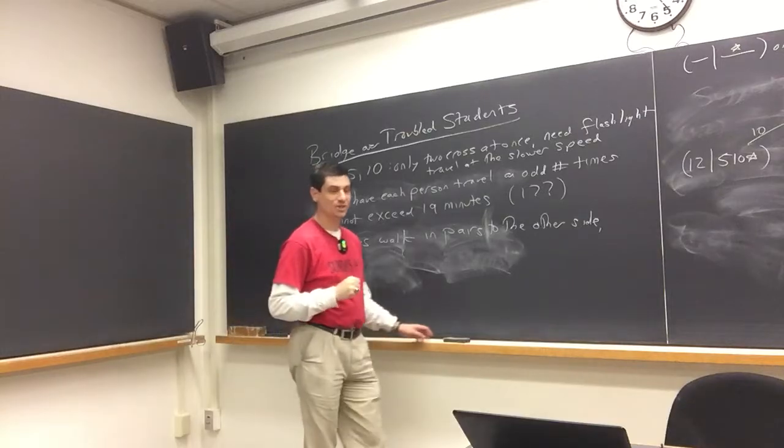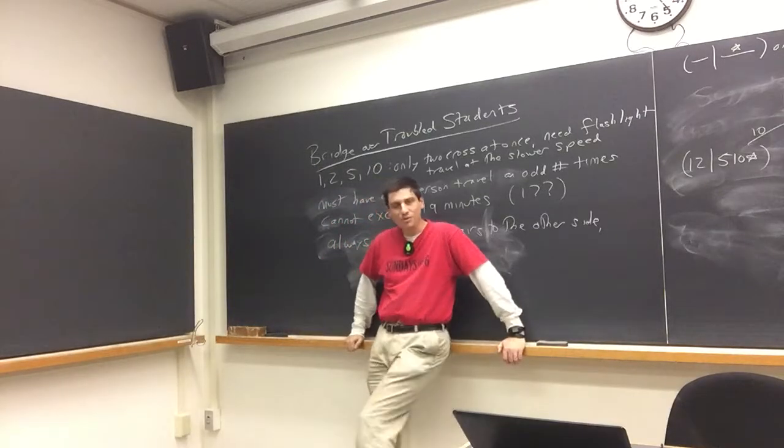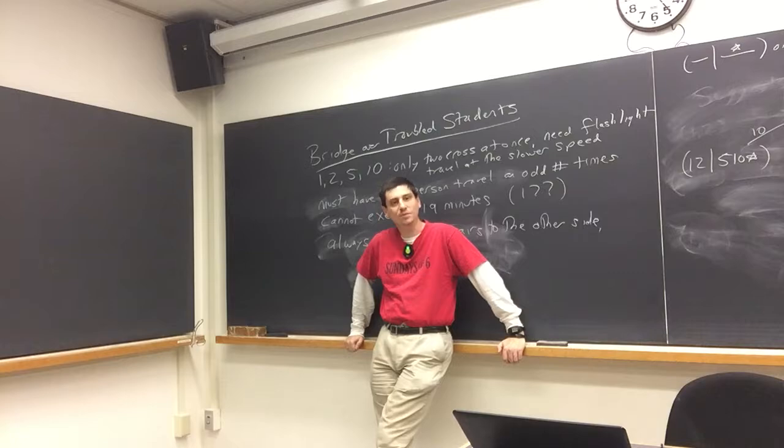So do you always return singly? Or maybe for this problem you always return singly, but if I had more people, would I not want to return singly? Could it be advantageous? It's not as clear. We could do a little bit of analysis and a little bit of thinking.